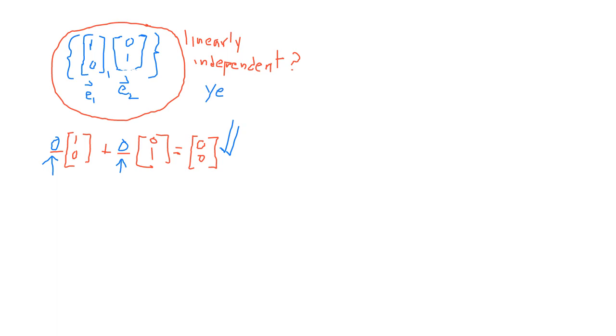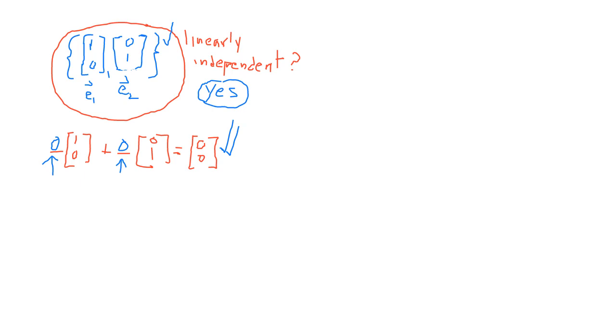I tried to pick easy vectors. By the way, do the vectors E1 and E2 span R2? In other words, can any vector in two-dimensional space be written as a linear combination of E1 and E2? Good, that's yes. So in fact, E1 and E2 form what's called a basis for R2.